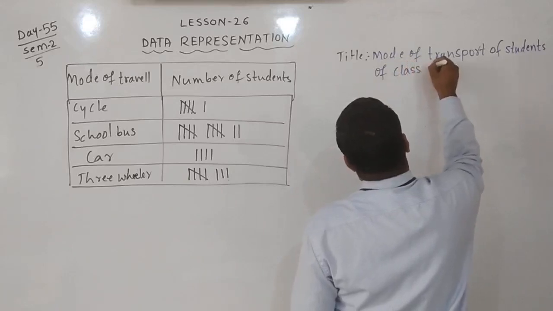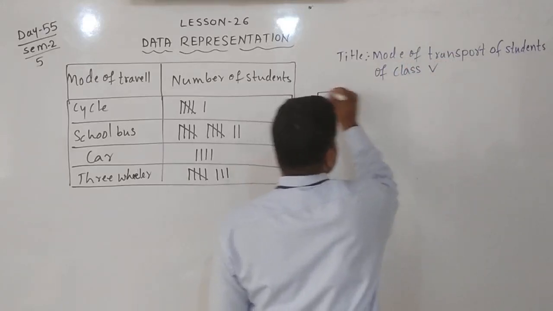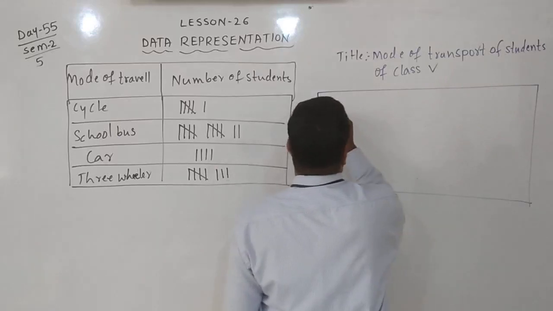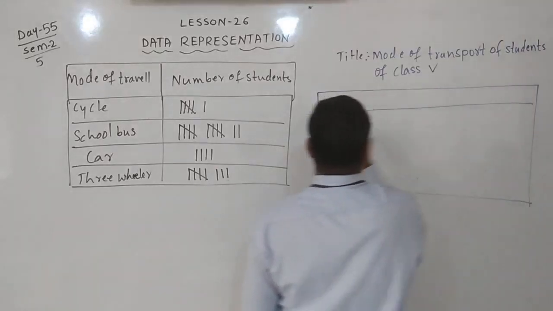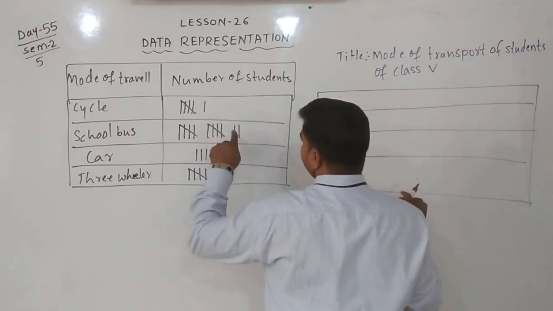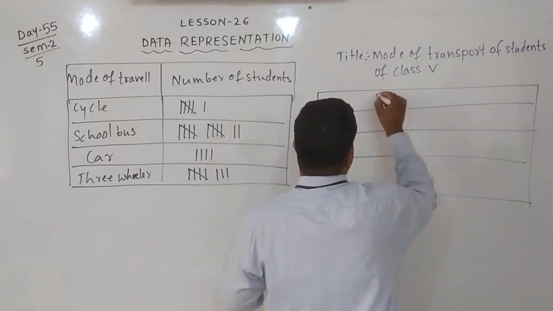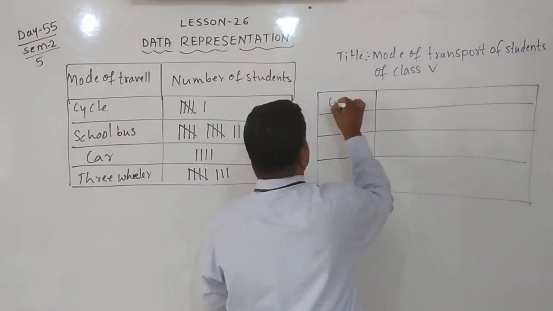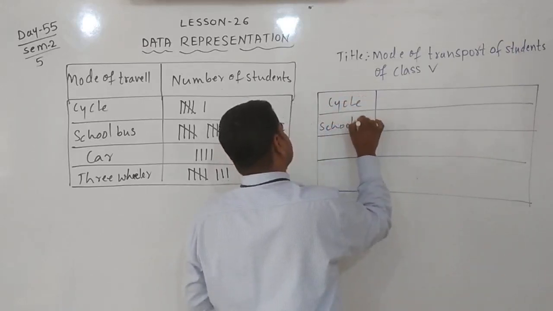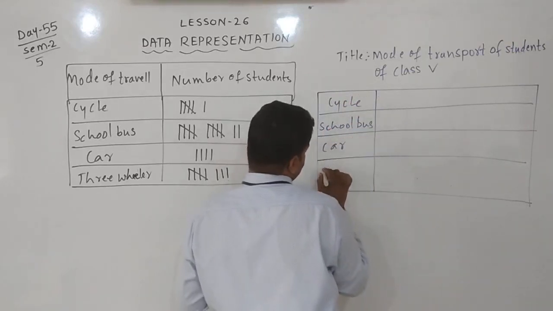Here this is showing the pictograph. How many modes? 1, 2, 3, 4 modes. The modes of transportation are: by cycle, next by school bus, next by car, next by three-wheeler.